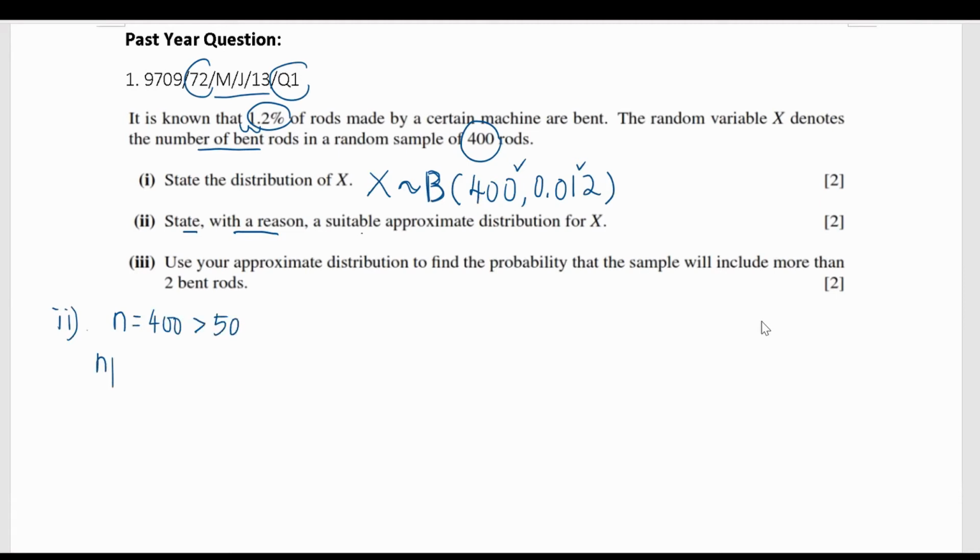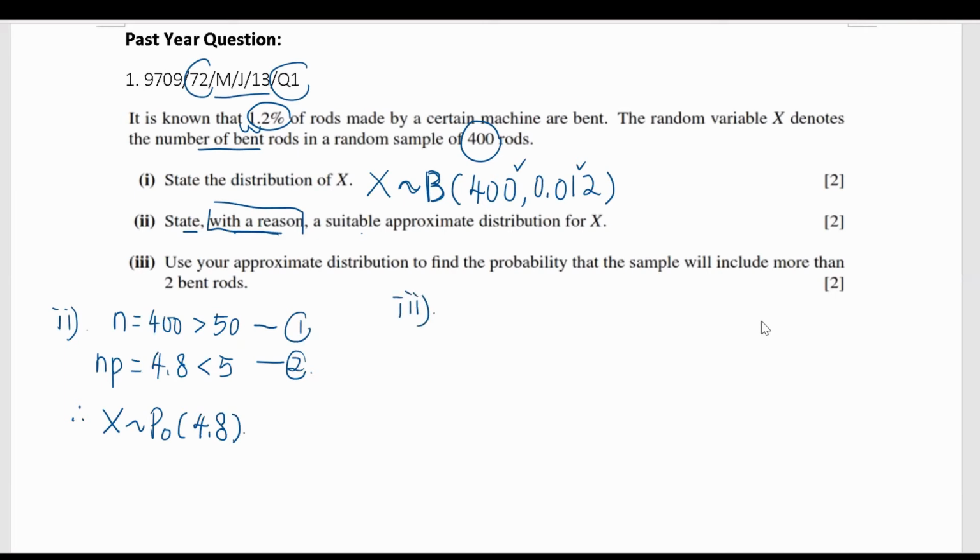At the same time, quickly find np: 400 times 0.012 is 4.8, and 4.8 is less than 5. You just state either one of these two reasons, then you can conclude that the suitable approximate distribution for X is Poisson, with parameter 4.8. That is part 2.